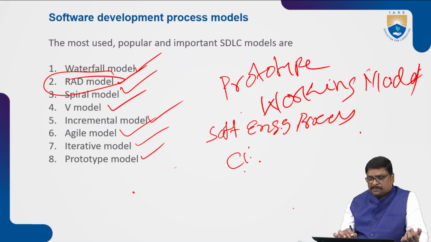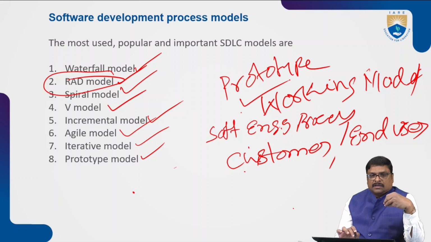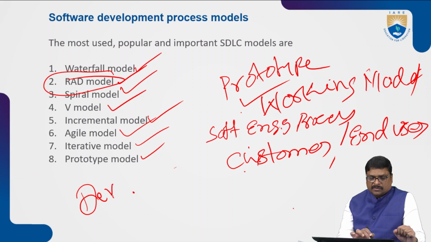Customers and end users are expecting a working model of the system. So before we start developing any software system, as per the software engineering process, we need to build a prototype.